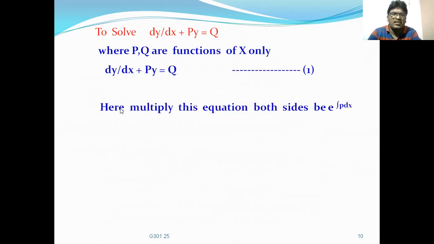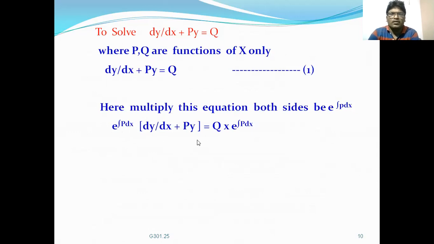Name this equation as 1. Here, multiplying this equation on both sides with the integration factor e power integration of p dx. The formula for the integration factor is e power integration of p dx. This is the formula for the integration factor. Now you have to multiply both sides of this equation by e power integration of p dx.